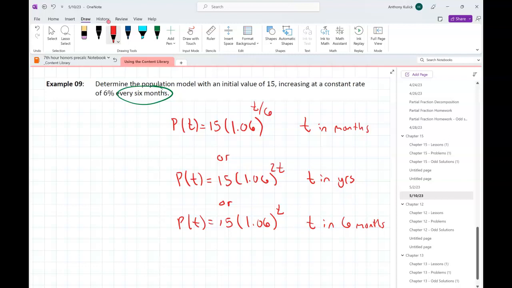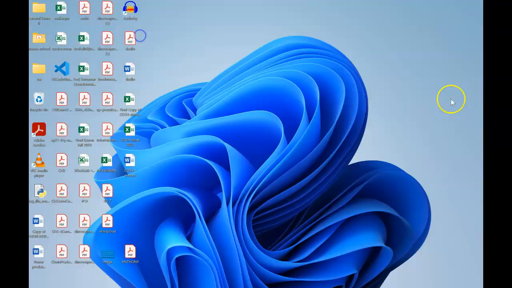Now that's a little messy if you want to analyze your answer. But if your data set is just like, every 6 months I have to do this, then there's nothing wrong with doing it that way. Or the situation just calls for a population estimate every 6 months. Continue going here.